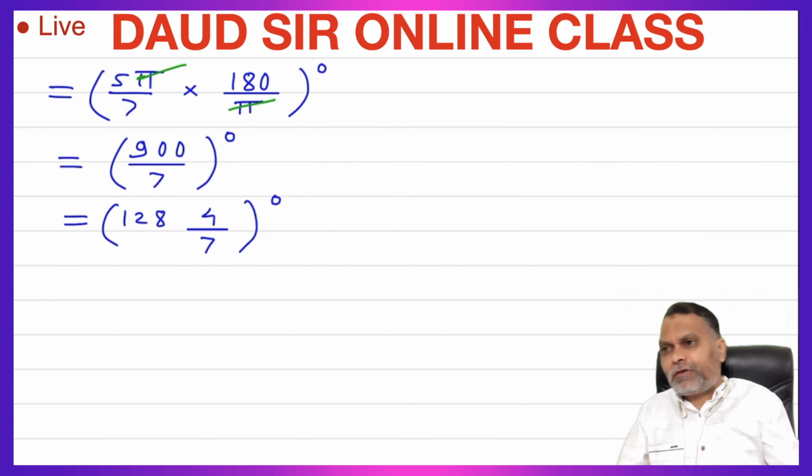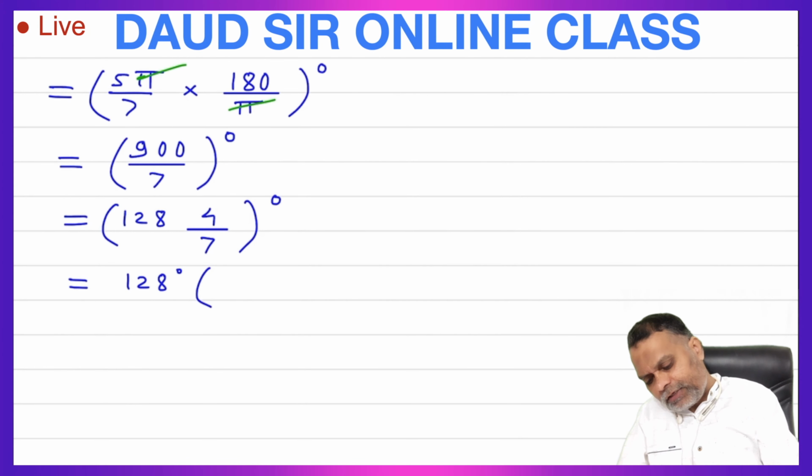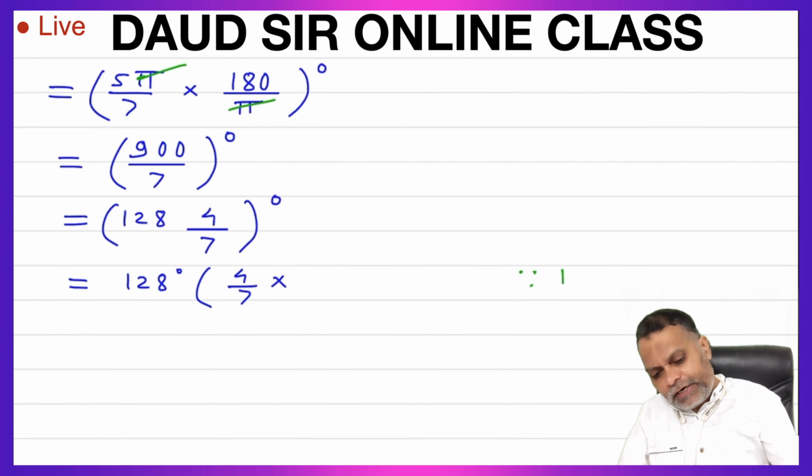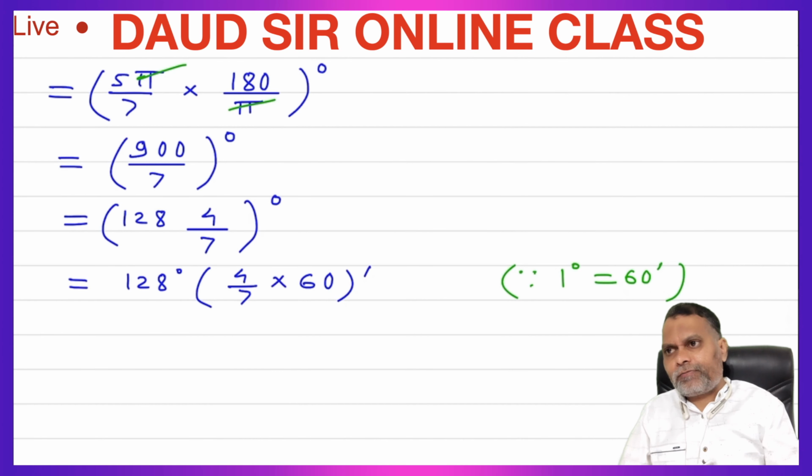So this 128 degrees is complete, and convert this 4 upon 7 degree into minutes. Since 1 degree is equal to 60 minutes, multiply by 60 here. This much minutes.